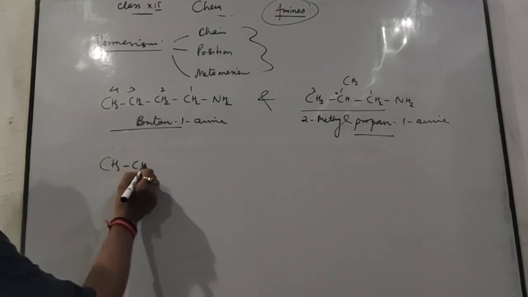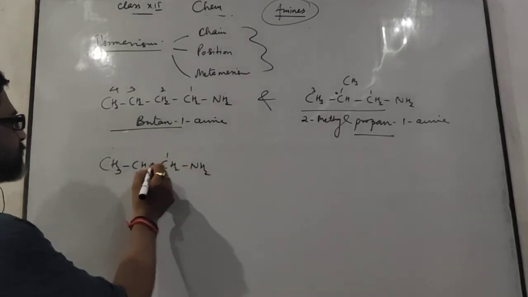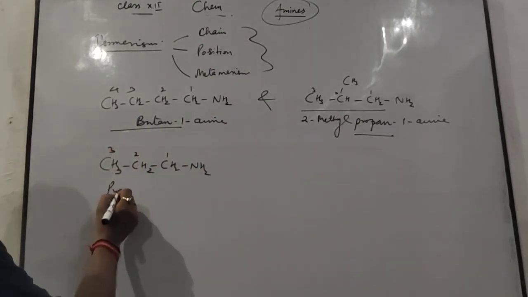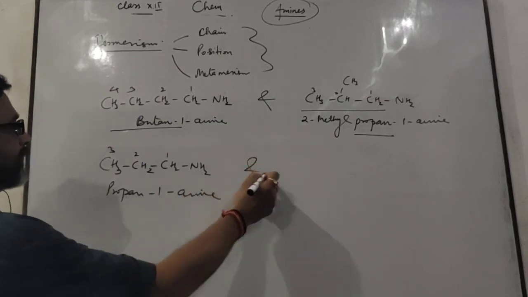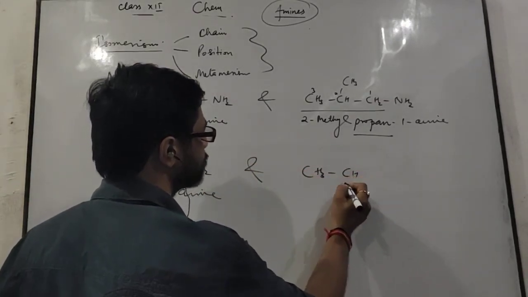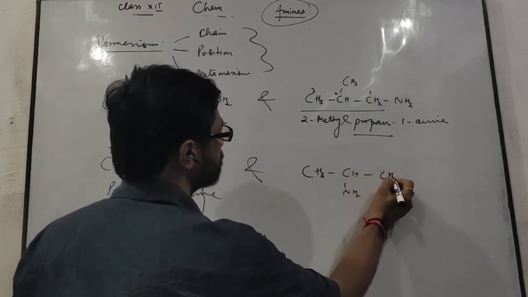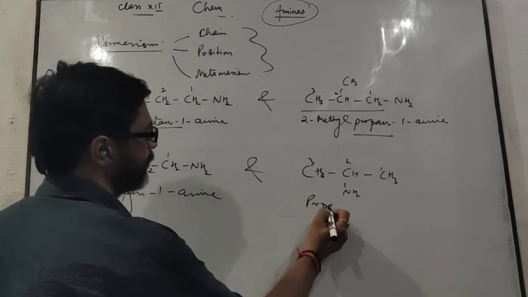Now take another example of position isomerism like this. 1, 2, 3. This one is propane 1 amine, and in another figure this one, like this one, NH2 CH3. This one is propane 2 amine.